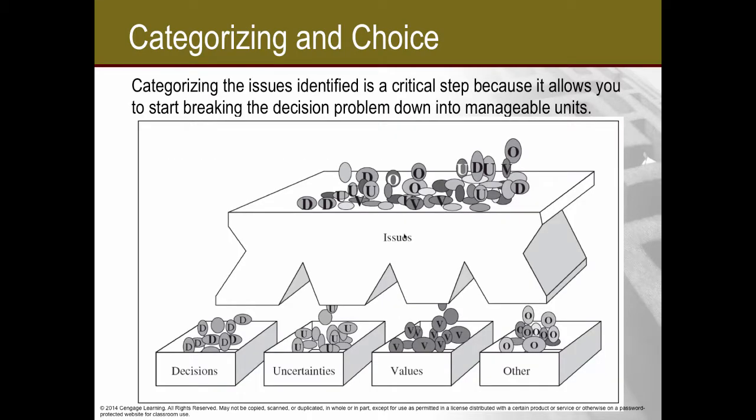Now we have issues, and then we have to categorize the issues. Usually the issues that the company has go to decisions, types of decisions, uncertainties, values, and some others, right? So basically, categorizing the issues helps you to start breaking the decision problems down into some manageable units.